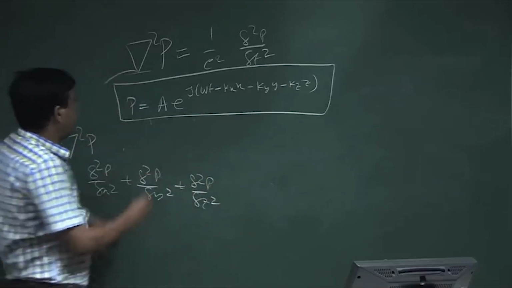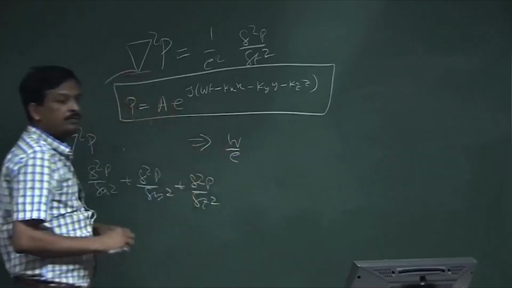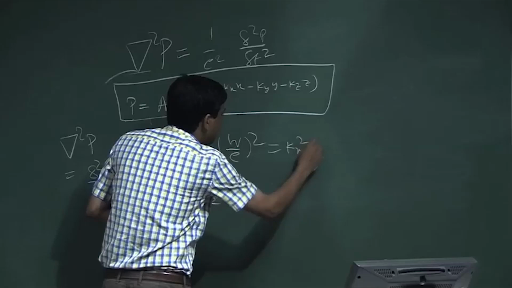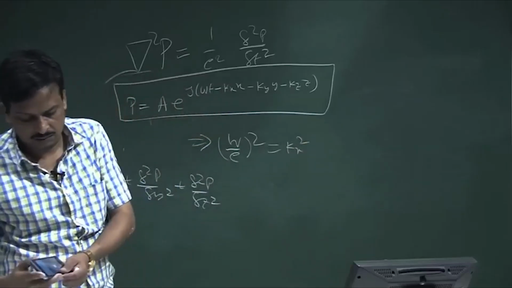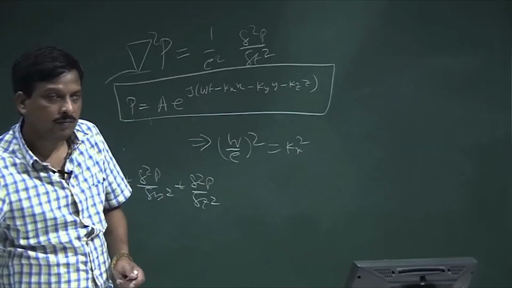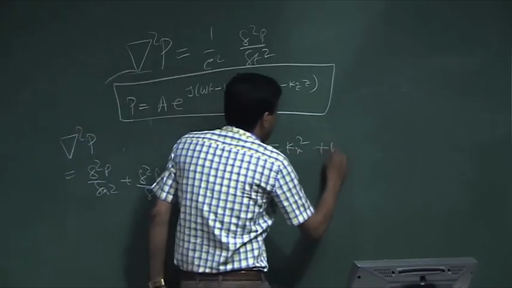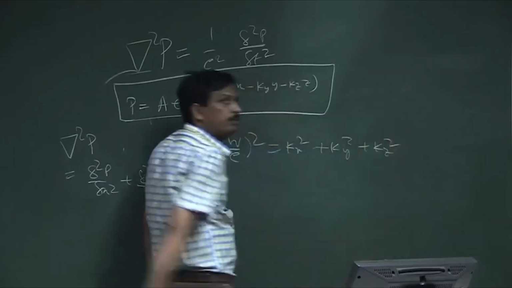If I take this, I will get omega by c whole square is nothing but kx square plus ky square plus kz square.